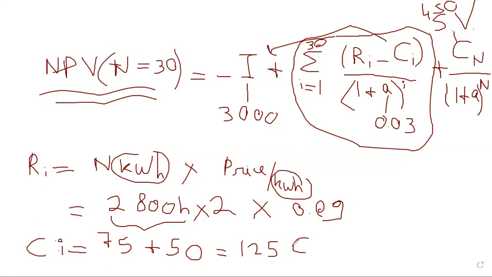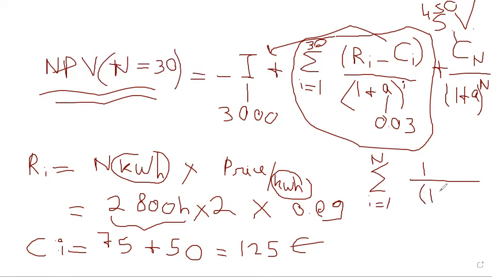Okay. Now, once we do this, all we have to do is replace in our equation. You can use in the exam, of course, I will give you the geometric summation. You don't have to memorize it. I will give you in the test what is the summation from 1 to n of 1 over (1 plus a) to the power i, and you can use this formula to get the NPV.